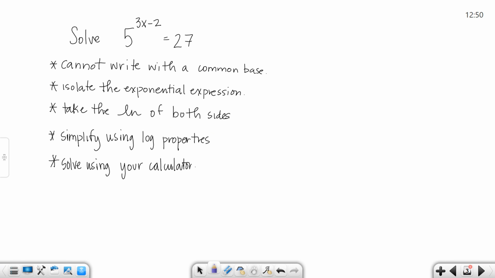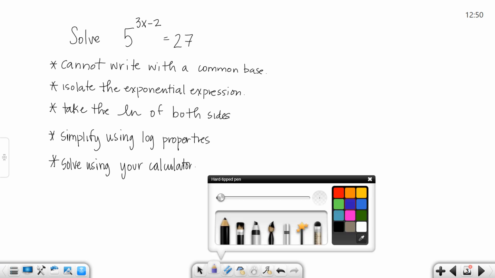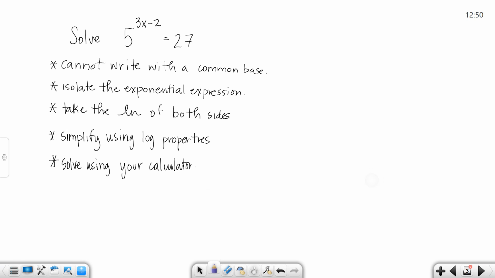So if you look at this one, you cannot write 5 and 27 with a common base. So what you want to make sure you do is isolate the exponential expression. Okay, and that means that 5 to the 3x minus 2 is all by itself. 5 to the 3x minus 2 is on a side by itself.